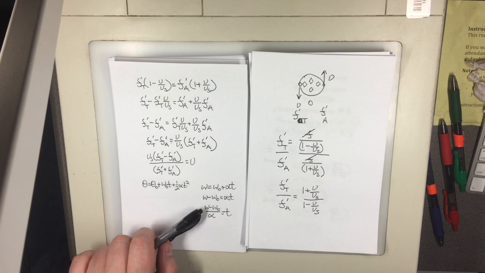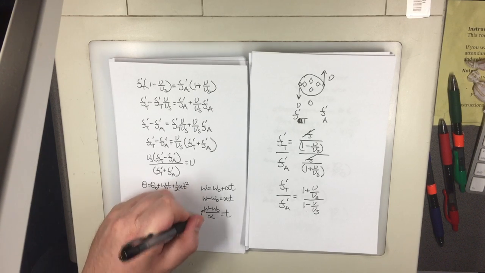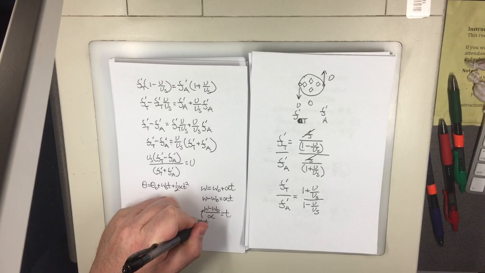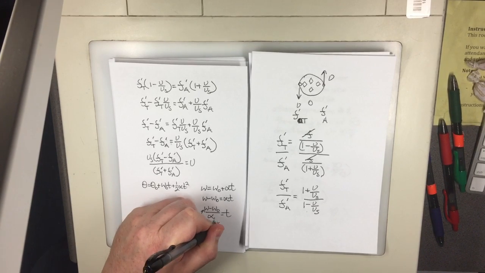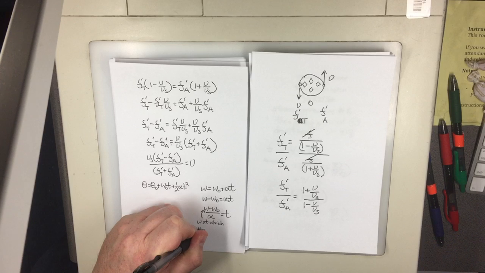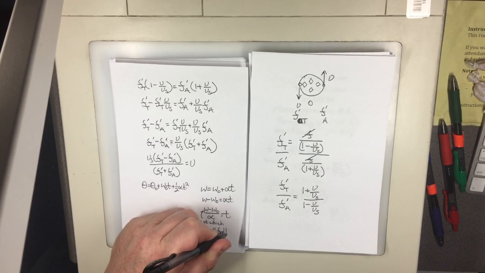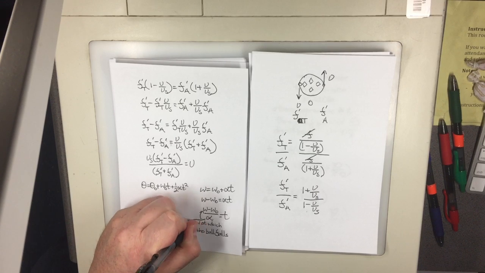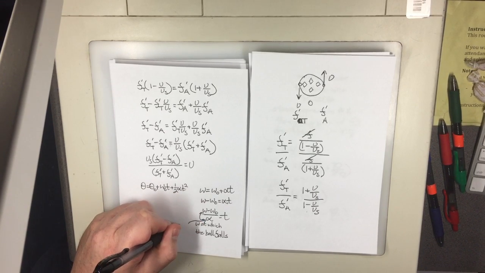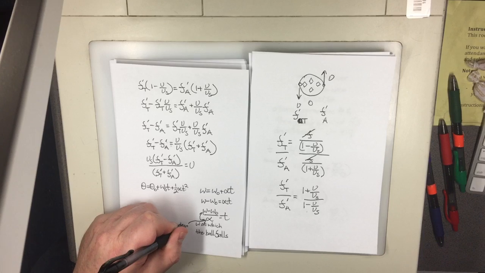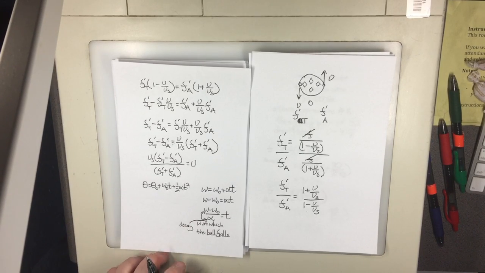They figured out the alpha. They figured out the omega at which the ball falls. That's the decay of the speed of the ball.